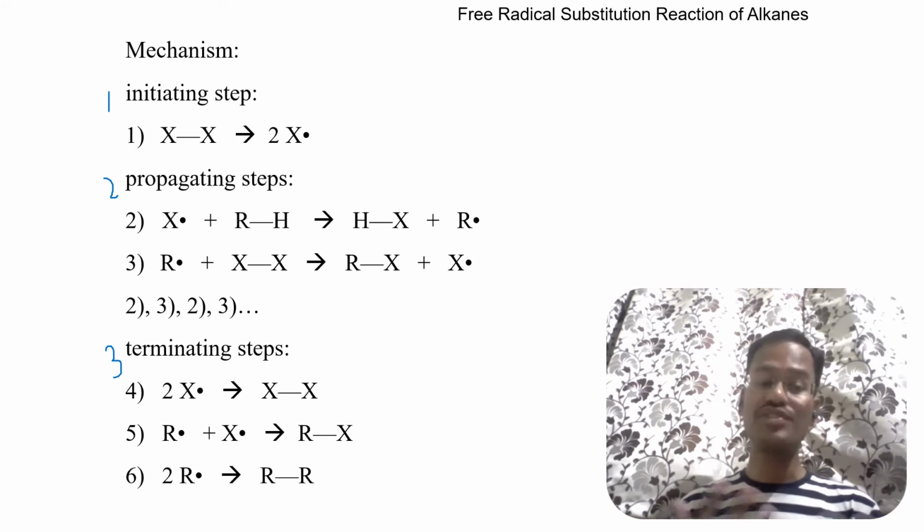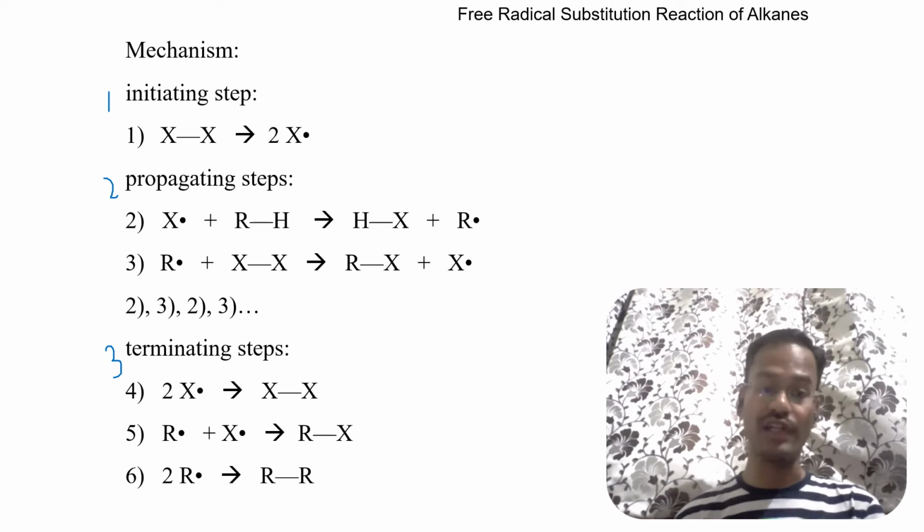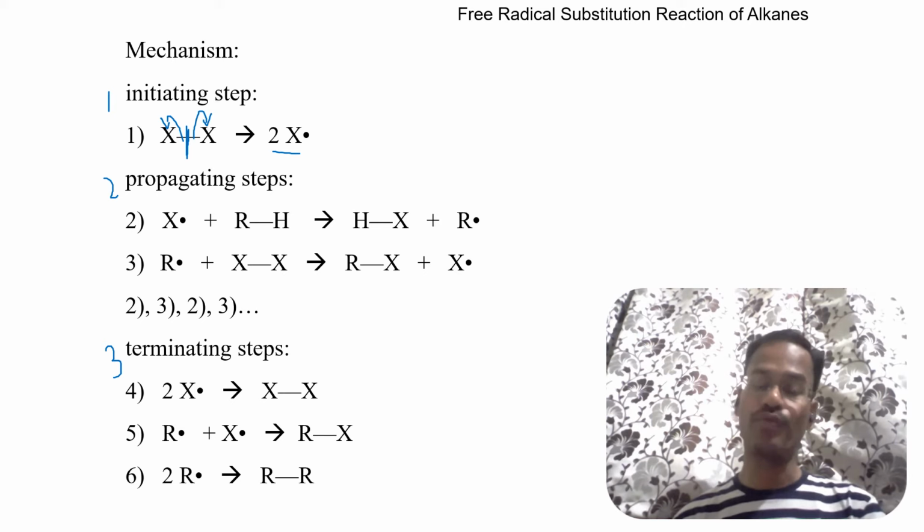In this initiation step, in presence of UV light, a homolytic bond cleavage happens, where equal distribution of electrons occurs, so that we get two free radicals.